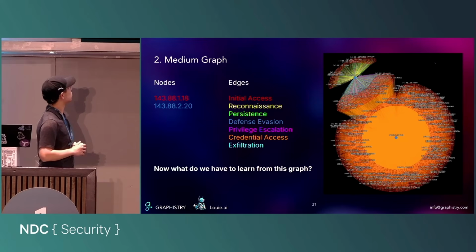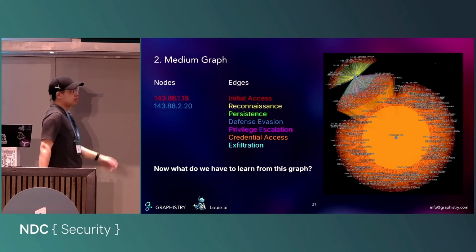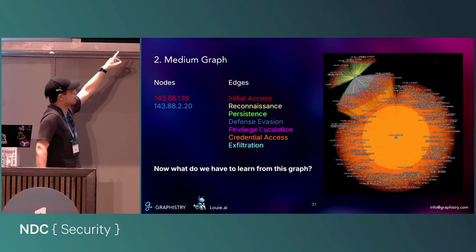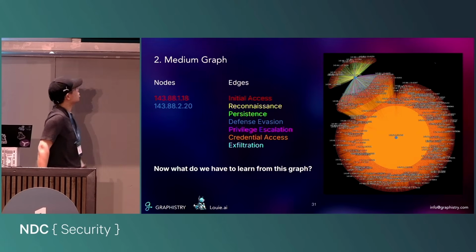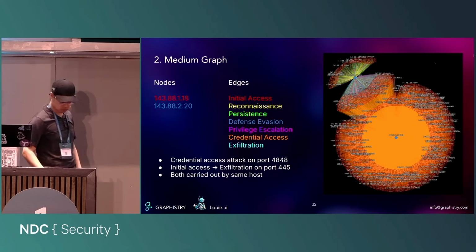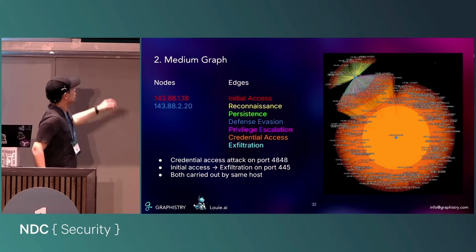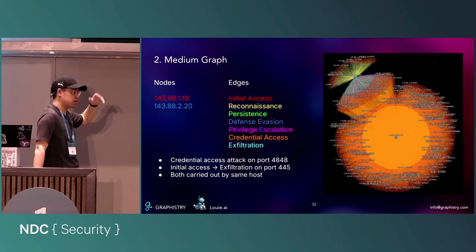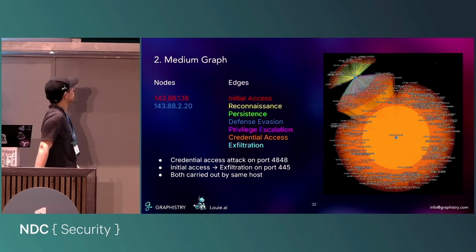And we've got a whole bunch of other tactics going to port 445. I can't zoom in, but I can tell you that exfiltration is going to 445. That makes sense, and it tracks with what we were seeing before. The interesting thing is that both of these attacks are being carried out by the same IP address, the same attacker, so they're trying multiple different options.